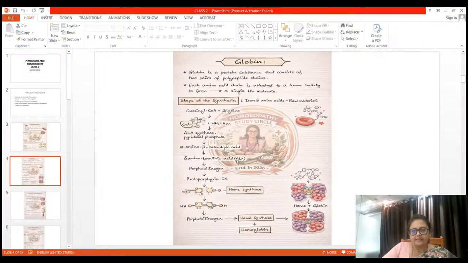This is converted to porphobilinogen, which is converted to protoporphyrin 9. This becomes heme. Heme with globin becomes hemoglobin. So this is the synthesis of hemoglobin.